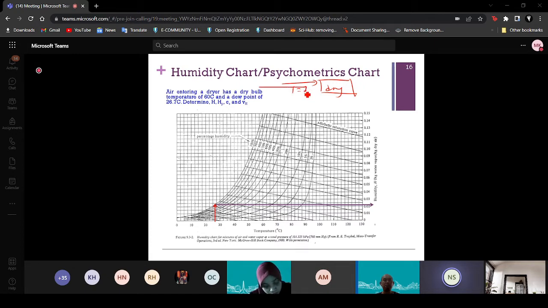And my humidity, I would like to have like 0.05 humidity. And this is humidified until 100% saturation. Until 100%. So what is the T2 and H2 out there? Try for 2 minutes. Later someone share with me what is the temperature, another one share what is the humidity.